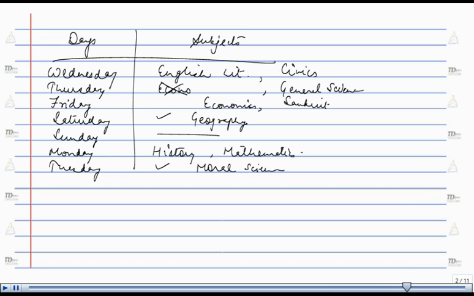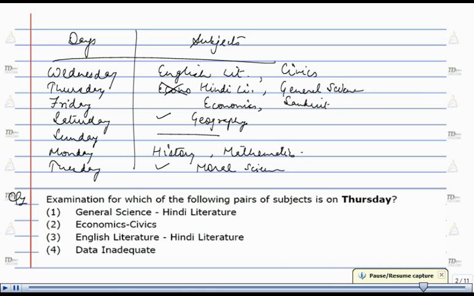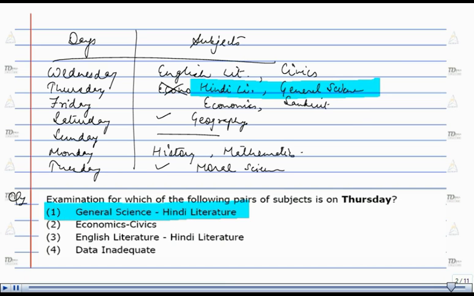And the remaining one, that is Hindi Literature, is on Thursday. Now the question is, examination for which of the following pairs of subjects is on Thursday? So from here we can see that on Thursday we do have Hindi Literature and General Science, which is option number 1.